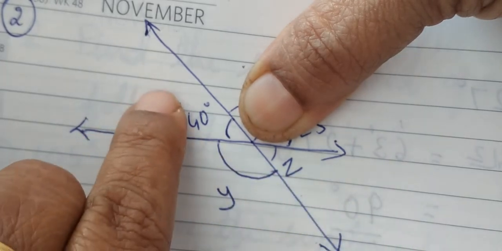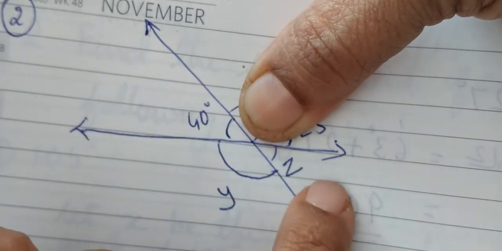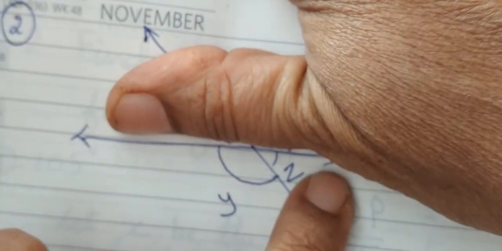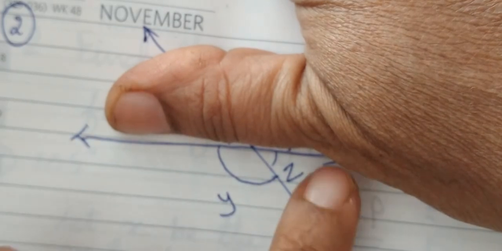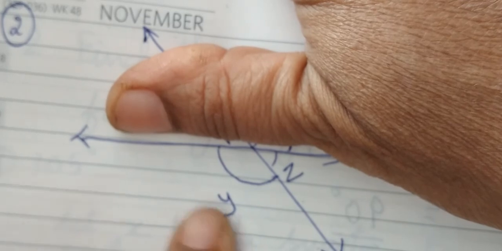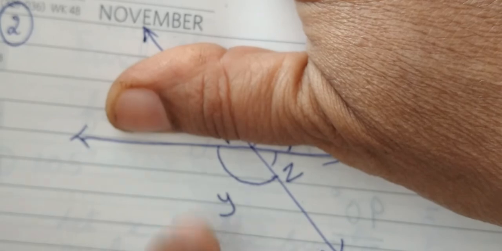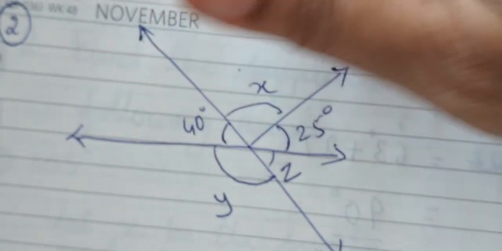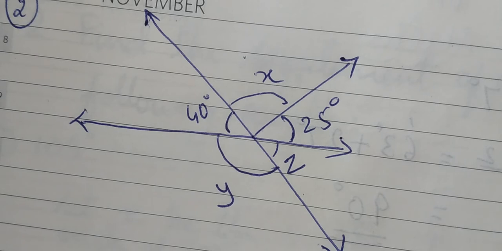Z is equal to 40, right, because they form a pair of vertically opposite angles. Now that you have Z as 40 degrees, to get Y, what will you do? 180 minus Z. 180 minus 40 gives you 140. So Y is equal to 140.